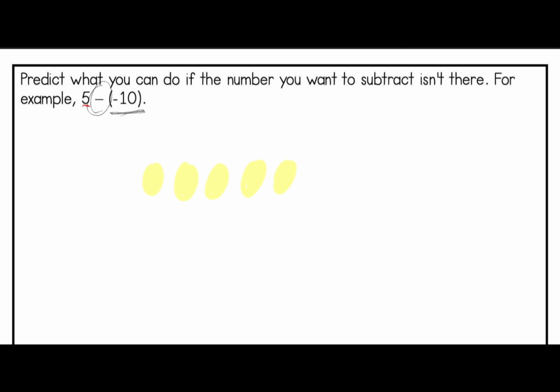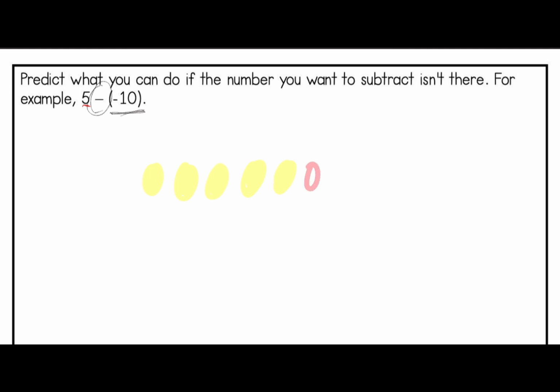Well, I don't have any negatives here. So I have to add negatives to it without changing this value. I don't want to change what that's worth. So that's when I use those zero pairs. I can add as many zero pairs as I want, and it won't change the value, but it will give me something to work with.